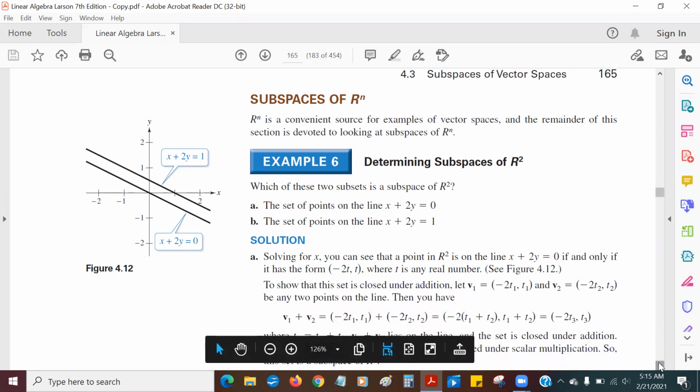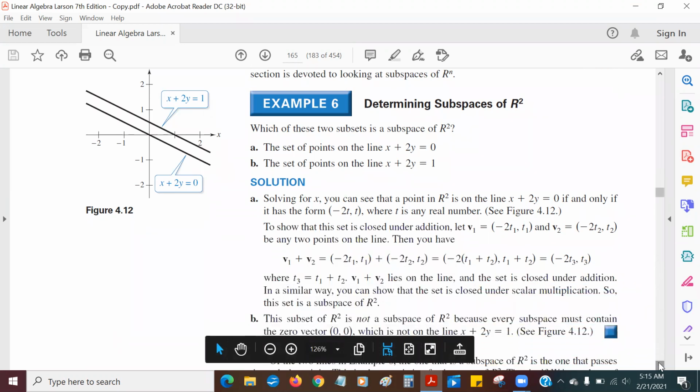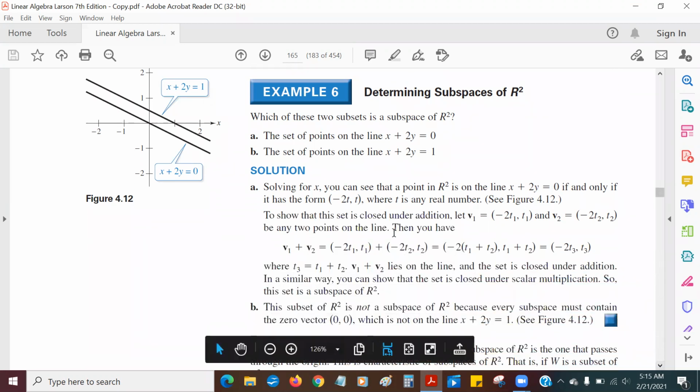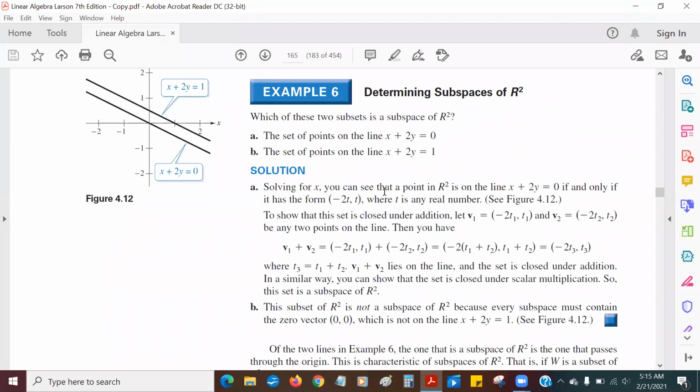Also, it'll be not too hard. So we're looking at the bottom line now. If we solve for x and put it in parametric form, this line is really the set of points (-2t, t), because x is equal to -2t, y is t, and so on and so forth.